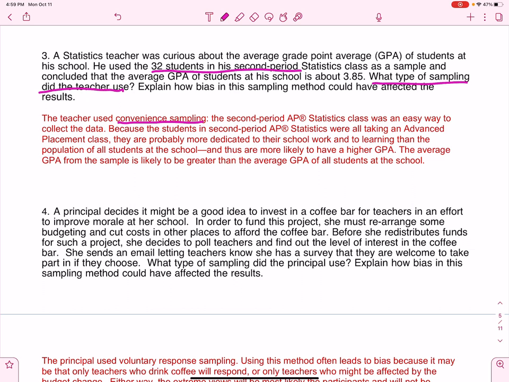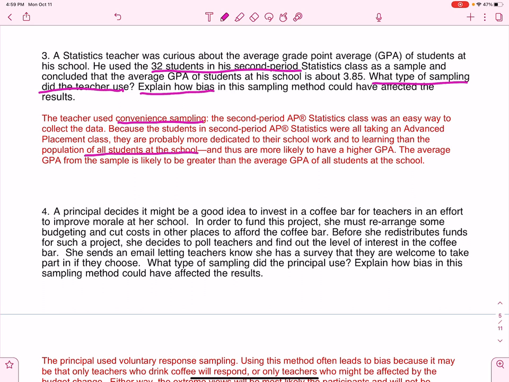And we're explaining how bias in the sampling method could have affected the results. Even though it was easy for him to collect the data from his second period AP Stats class, it's not necessarily representative of all the students at school.